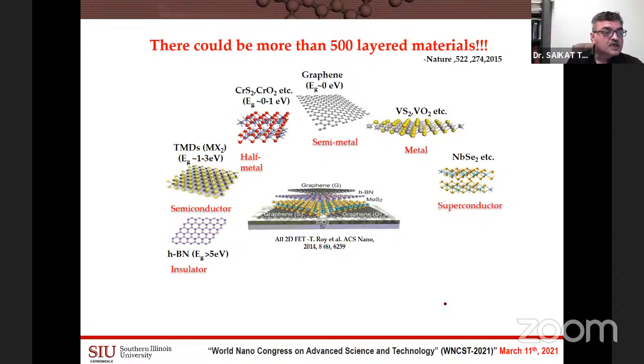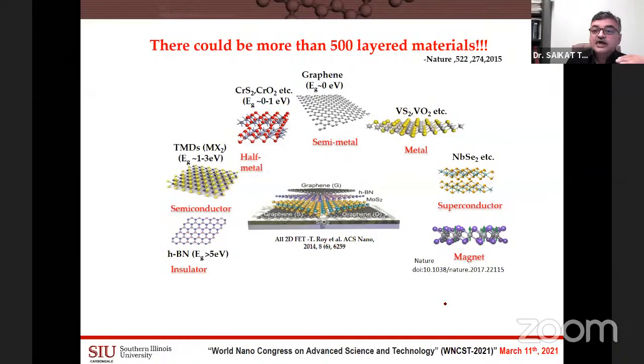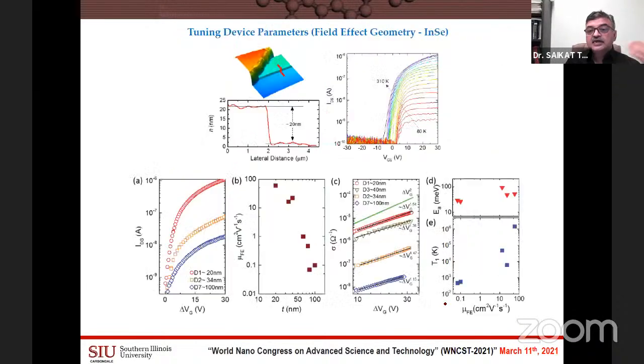People have also shown magnets. The good thing about this is you can really tailor the properties of these materials, because these are layered materials. As you decrease or increase the layers, their electronic property completely changes. Here I will just show one of our recent works with indium selenide.